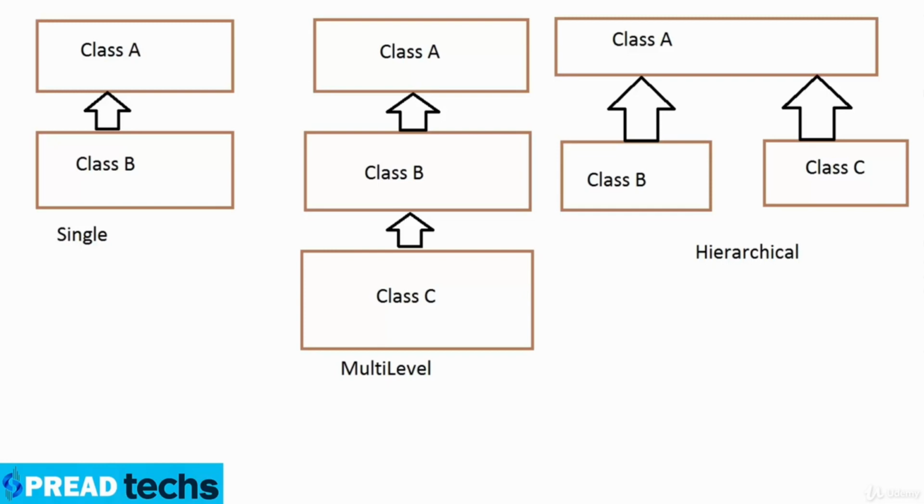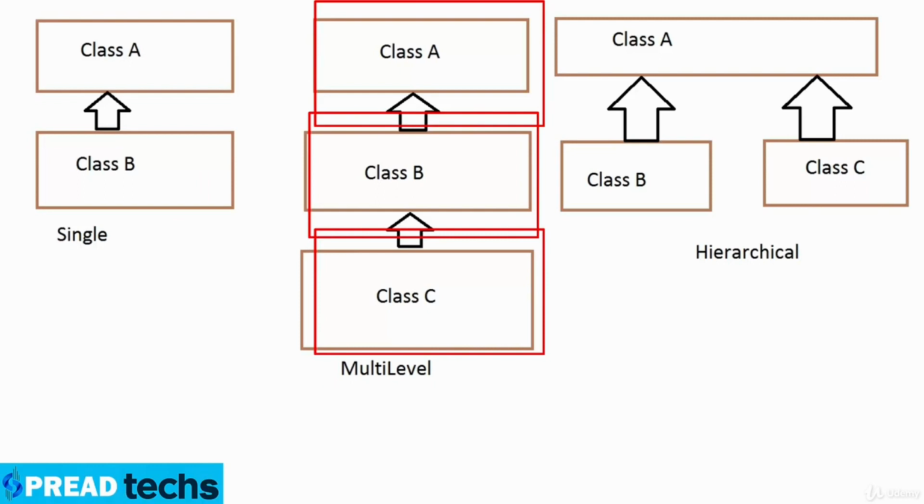Single inheritance refers to a child and parent class relationship where a class extends another class, like class B extends class A. Multi-level inheritance refers to a child and parent class relationship where a class extends a child class.